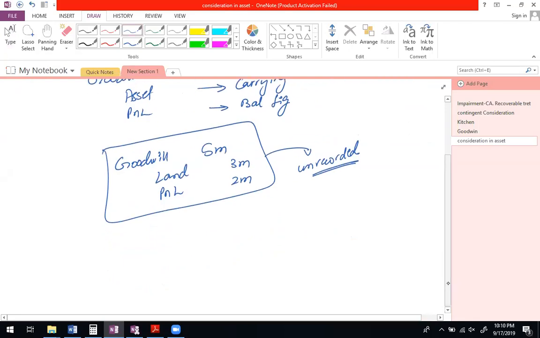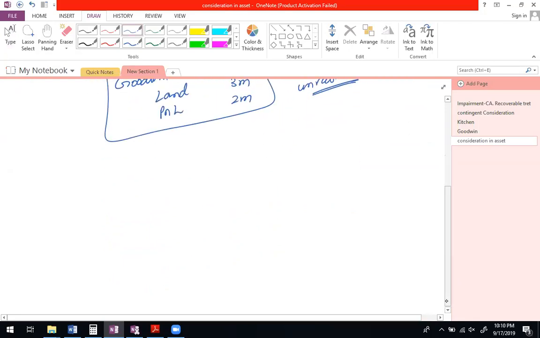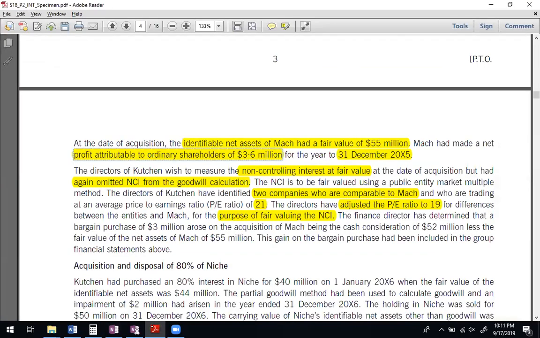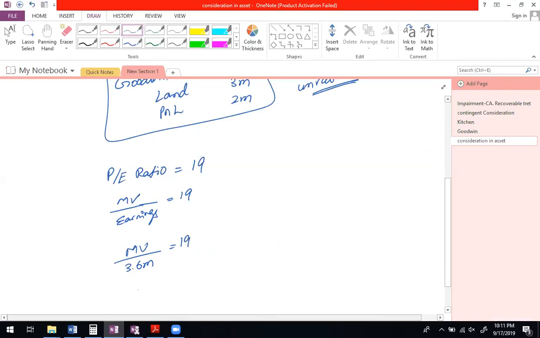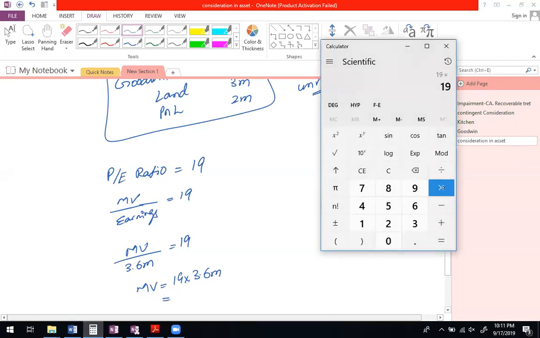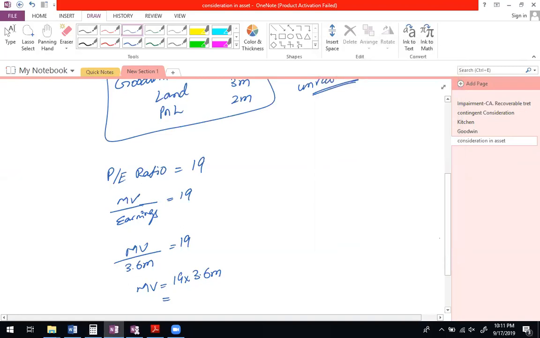So if I solve further, the P/E ratio that they have calculated is 19, which means market value divided by earnings is 19. So if the earnings was $3.6 million, this means that the market value can be calculated as 19 into 3.6 million, which will be $68.4 million.